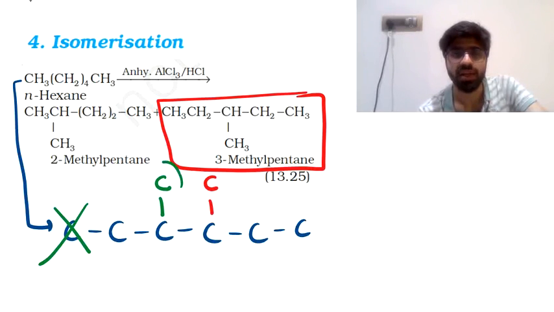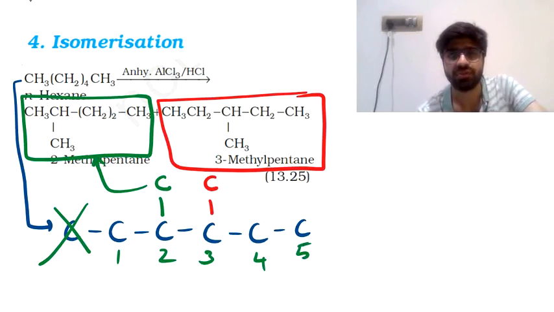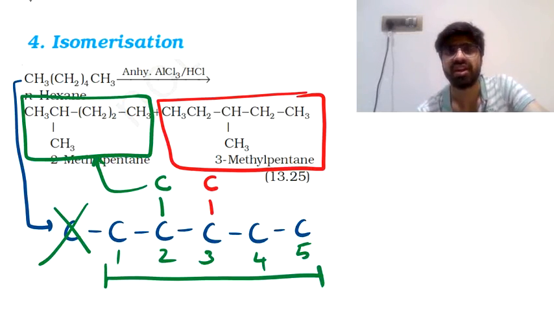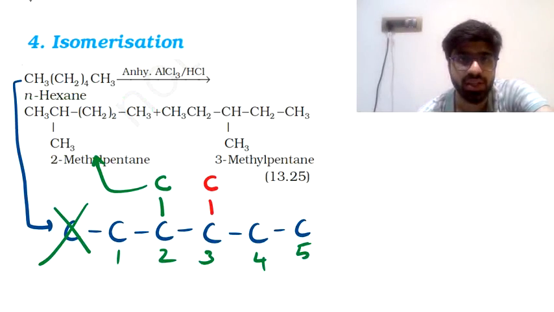If that methyl group gets attached on the second carbon atom, then that case is shown over here. You can name that compound as 1, 2, 3, 4, 5. So the green compound that we have written can be named as 2-methylpentane, because there are 5 carbon atoms in the main chain. So 2-methylpentane and 3-methylpentane are the two possible products in this particular reaction.